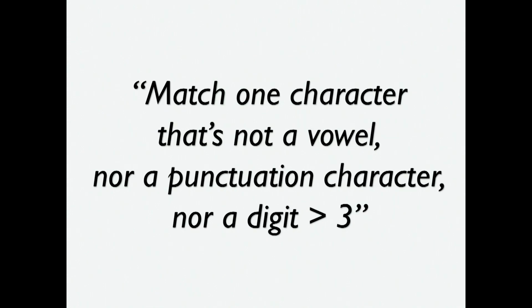The nice thing about this is that you can use all of these features together to create quite sophisticated character sets that match a very specific set of characters. So you could say, I want to match one character. It can't be a vowel, it can't be a punctuation character, and it can't be a digit greater than 3.